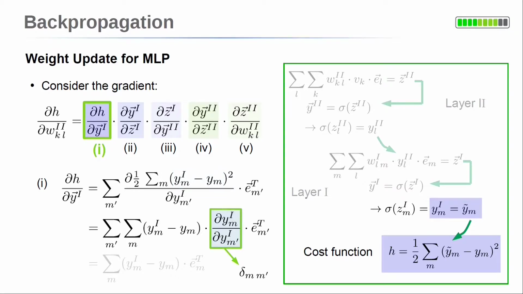This derivative is only non-zero if the component m equals m'. This can be represented by the so-called Kronecker delta, delta_mm'. This Kronecker delta is 1 if m equals m', and otherwise it is 0. So the two summations reduce to a single one over m of the difference between model and data times the unit vector e_m transpose. This is a row vector of the difference of model output and data.